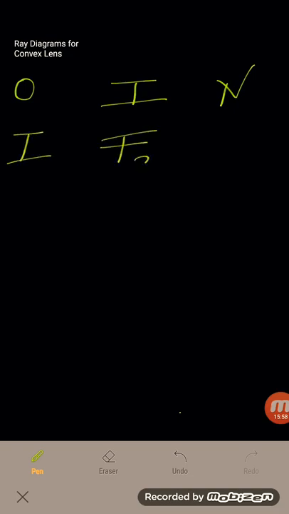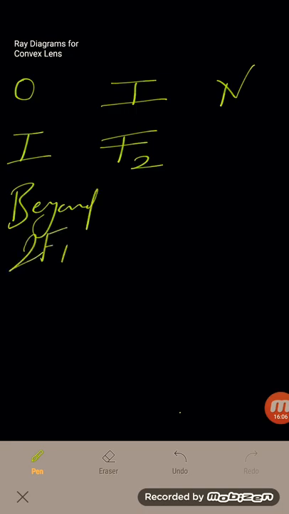So kids, let's revise our entire table. So this is object, this is image, this is nature, right? If the object is at infinity, image is at focus. If the object is beyond 2f1, the image is between f2 and 2f2.